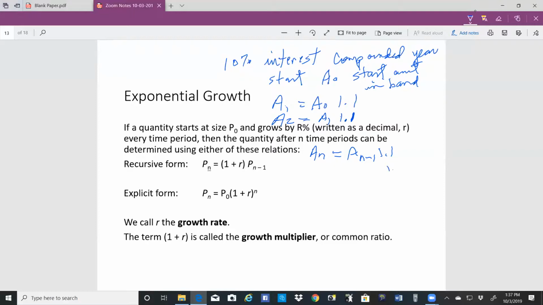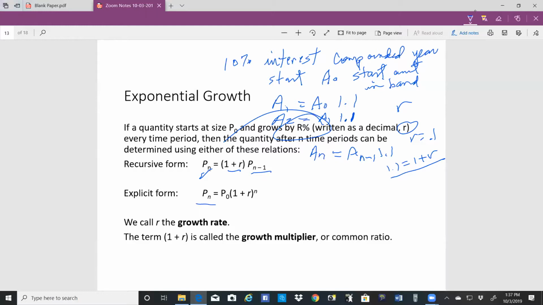So 1.1 is equal to 1 plus r, where r in this case was 0.1. So if something grows by r%, and then we write it as a decimal, little r, the amount that you have in the nth year is 1 plus r times what you had in the previous year.